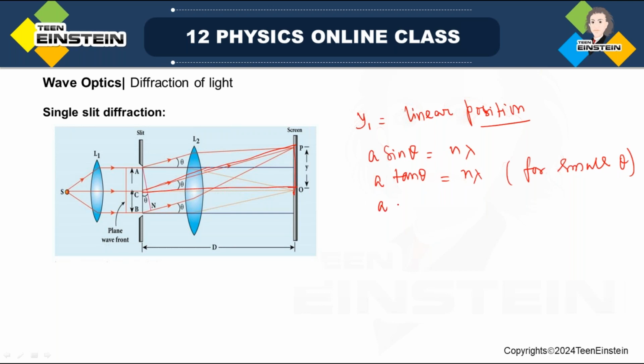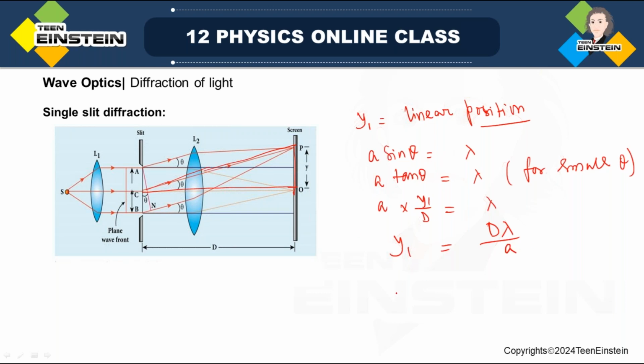Now you can just write it. So this is y by D, D is the base, perpendicular by base. This is equal to n lambda. So from here you will find the position of this. This is y1. For the first one, y1 is obtained as D lambda by a. This is the linear position of the first one.